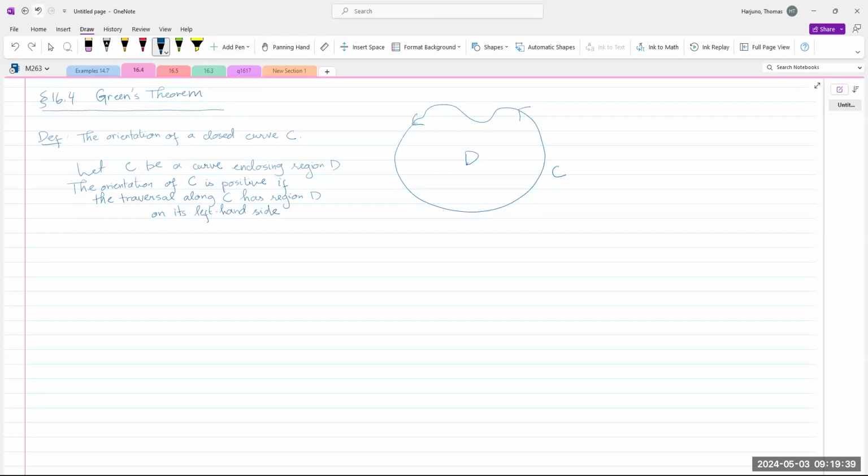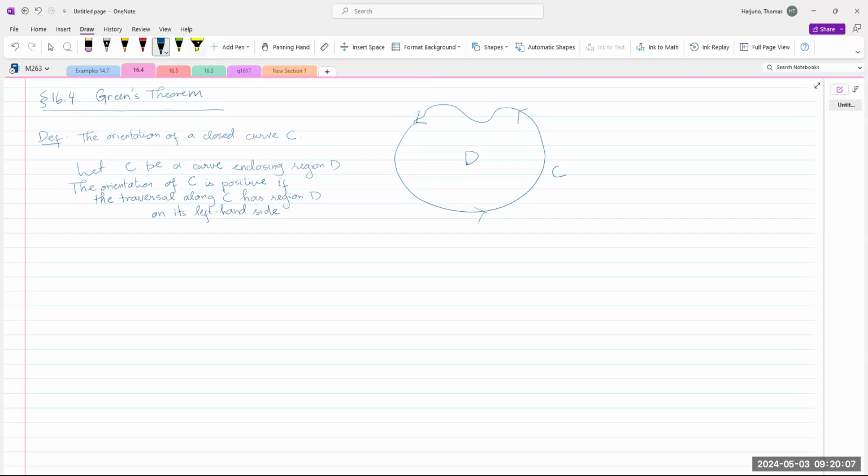Another way is clockwise. To make it uniform, those mathematicians who came before us made a decision: let's just make it this way, that we will always go counterclockwise, assuming the domain is on the left-hand side.